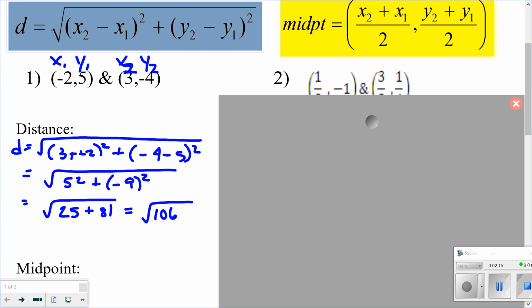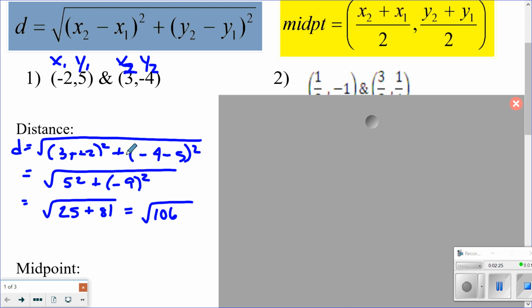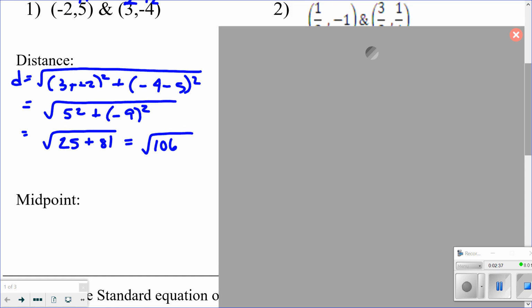So that's our distance. Okay, using the same ordered pairs, this time we're going to find the midpoint. Let me grab a different color here. Okay, so the midpoint says to add your x's and divide by 2, and add your y's and divide by 2. And it doesn't really matter which way you add your x's or y's, because we still are adding, so it doesn't make any difference.